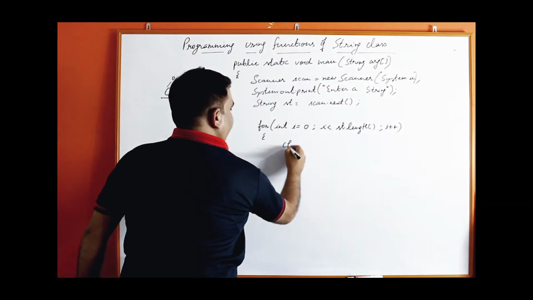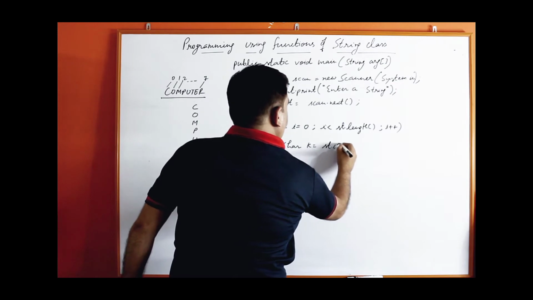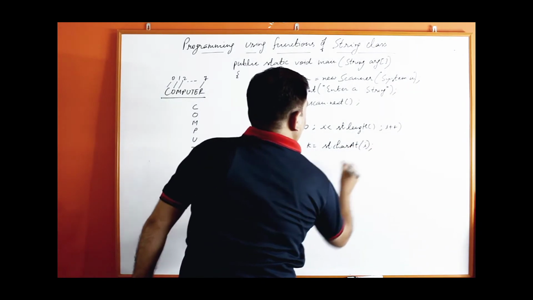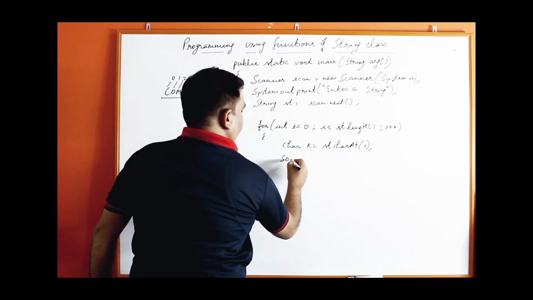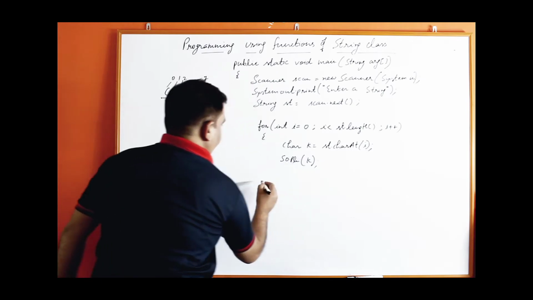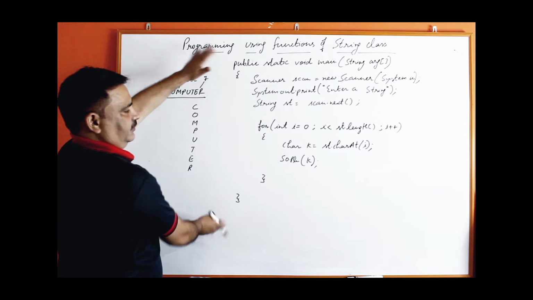One character variable, char k equal to st.charAt(i), and System.out.println(k). Close the loop and close the function and then the class.